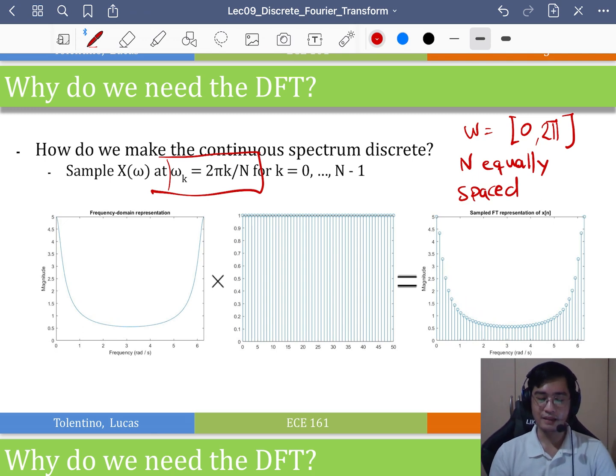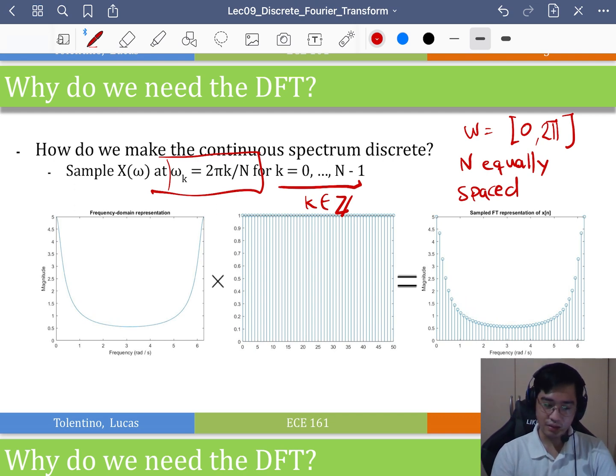Omega sub k is 2 pi k over capital N, where k now is an integer. Basically, it just implies that we are now in the discrete frequency. Okay. So multiplying this continuous function by this impulse train will yield us a discrete frequency.